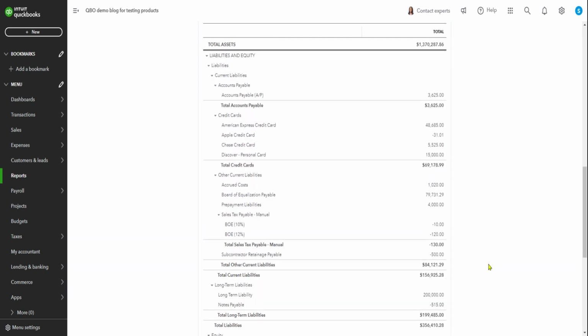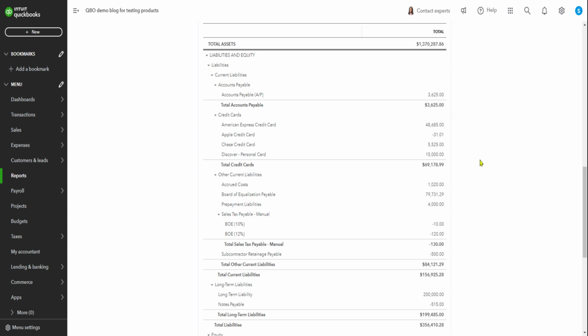On the liability side, then you have the current liabilities, like accounts payable, which is the other side of accounts receivable. You purchase from vendors and they give you some terms and you set up accounts payable. And then you have credit cards. Everyone's familiar with the credit card.